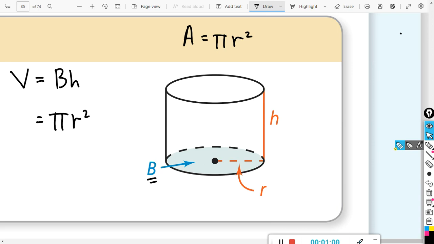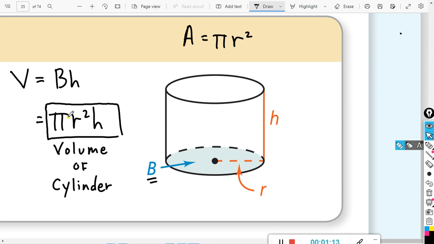And that is multiplied by the height h. So this formula here will be the formula for the volume of a cylinder. We're going to use pi r squared h for the volume of cylinder formula.